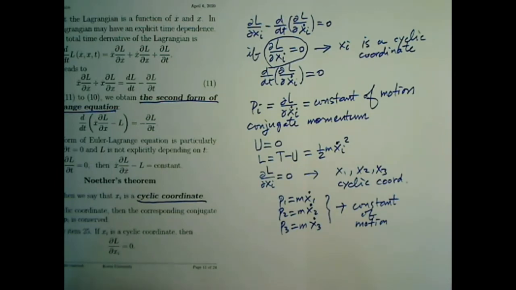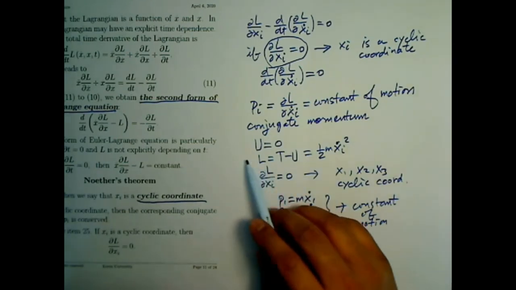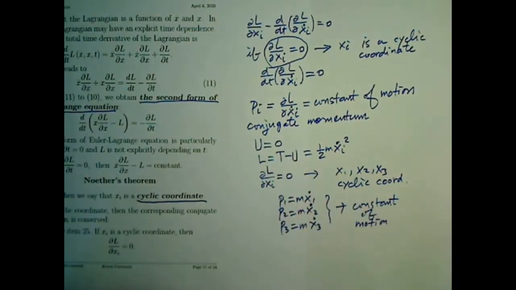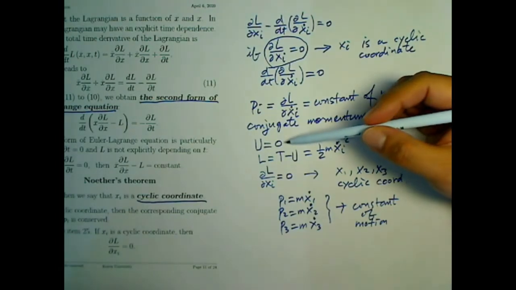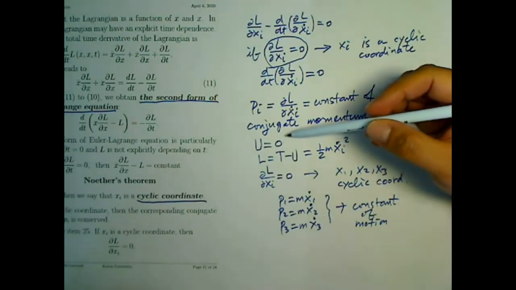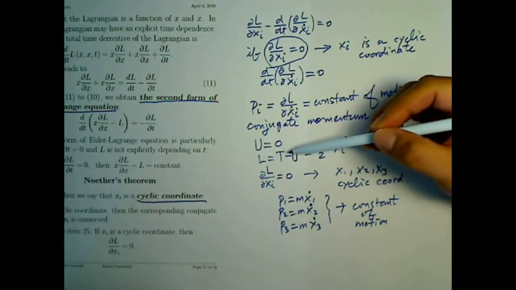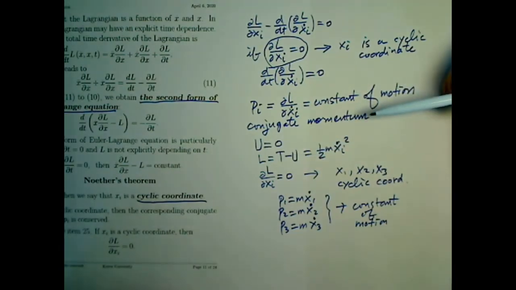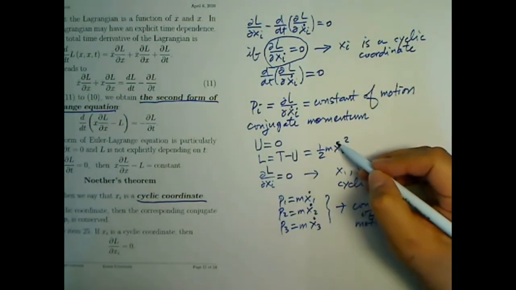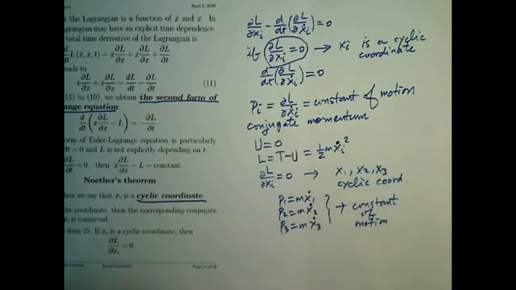a constant of motion. For example, if we do not have any potential energy, or any finite potential energy that does not depend on position, a constant one, we just put U equals 0. In that case, the Lagrangian is T minus U, and the kinetic energy is the only contribution to the Lagrangian.